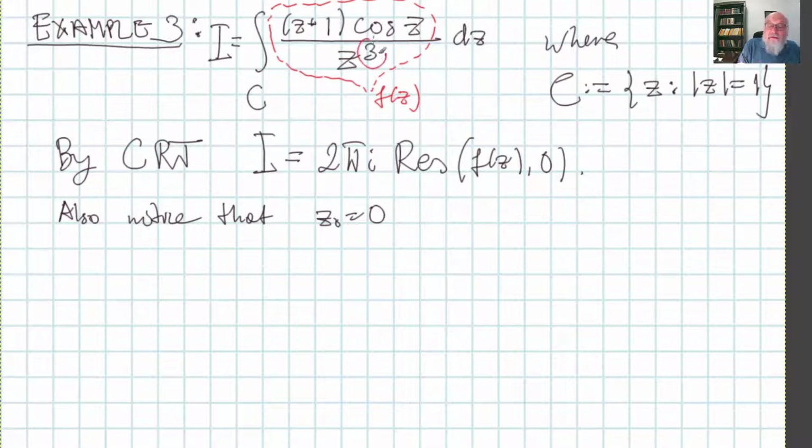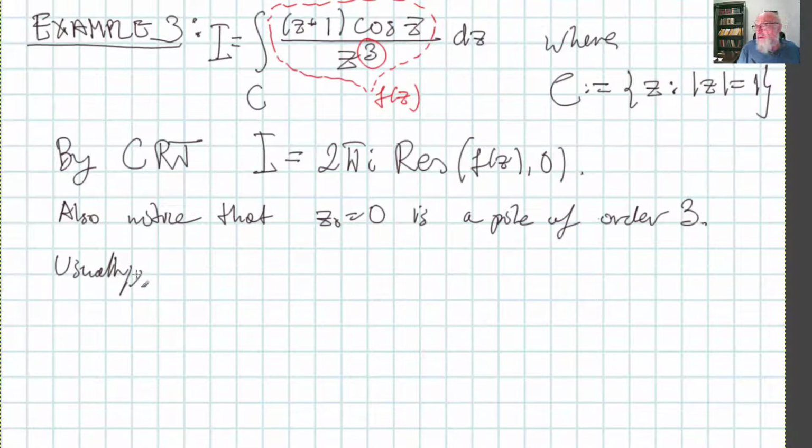So you see this number 3 here. So you can say, notice that 0 is a pole of order 3.